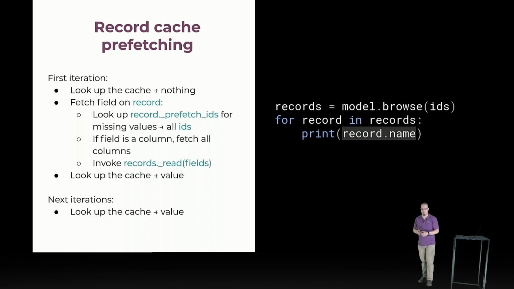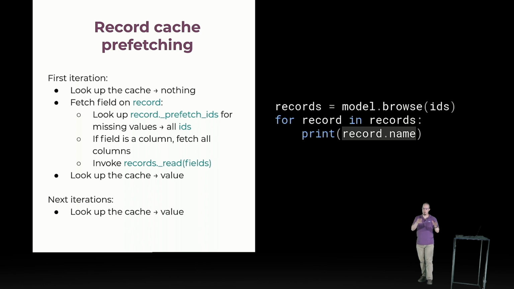So when you perform a loop on a record set like we have here, each record will know the parent record somehow, or the big record set they're part of. And therefore, every record knows the other record IDs.